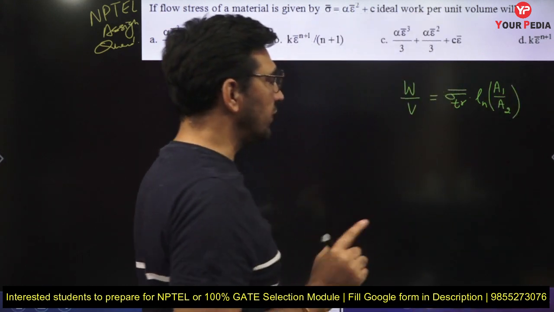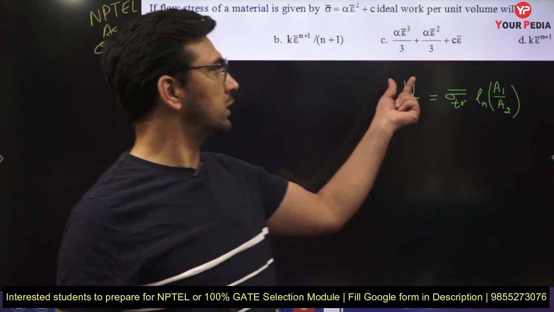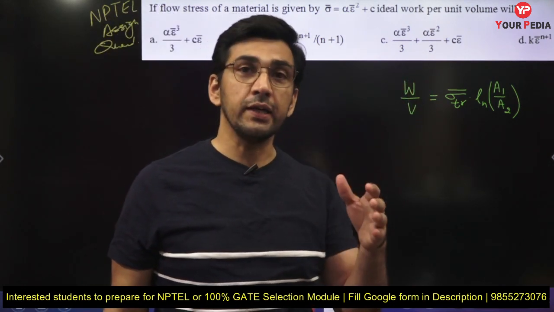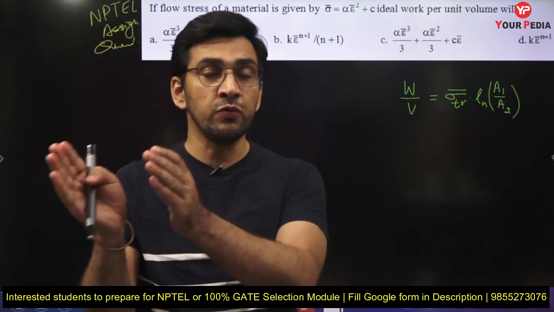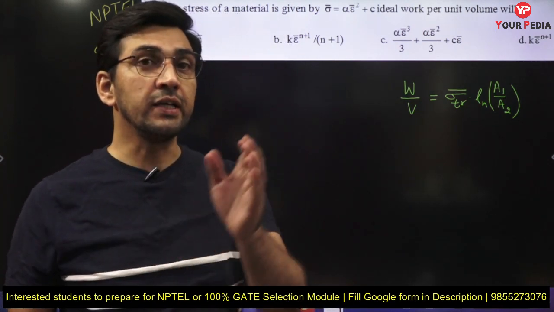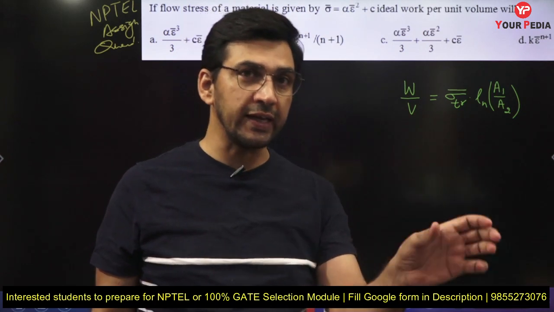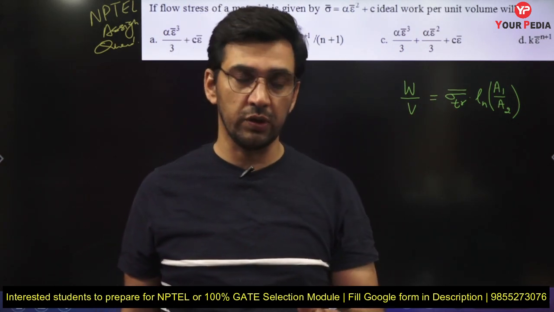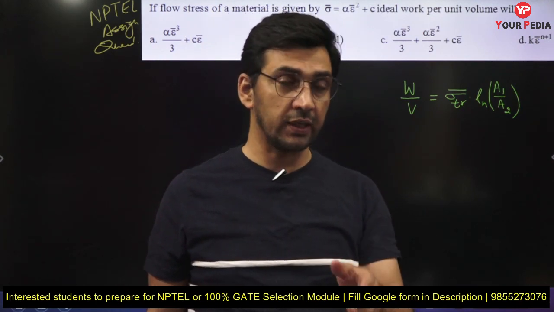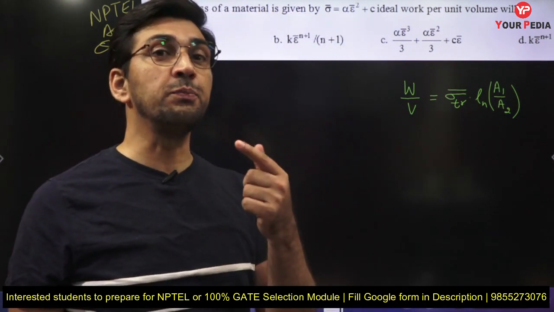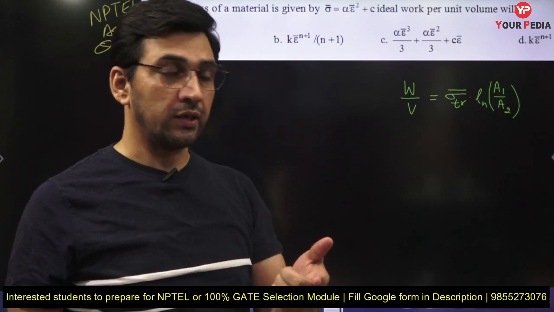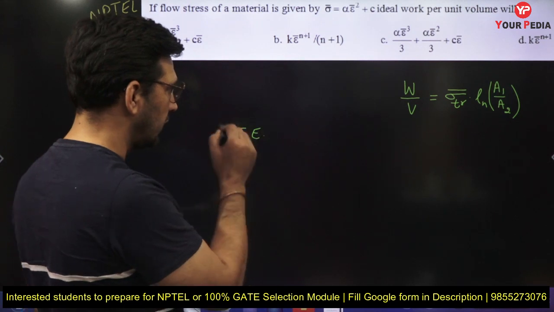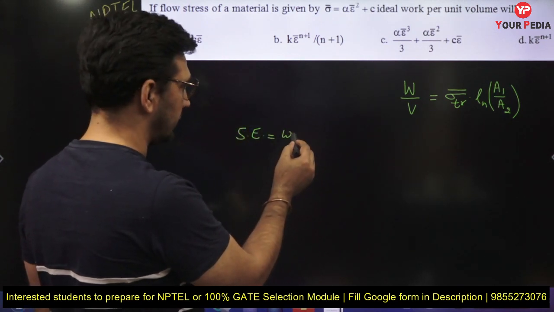What does that mean? First of all, you need to keep in mind, when we talk about work done per unit volume, that information is given in the stress strain diagram. That is, the area under the stress strain diagram represents work done per unit volume. If I have to represent simply the strain energy, that concept you already know, strain energy is equal to work done.